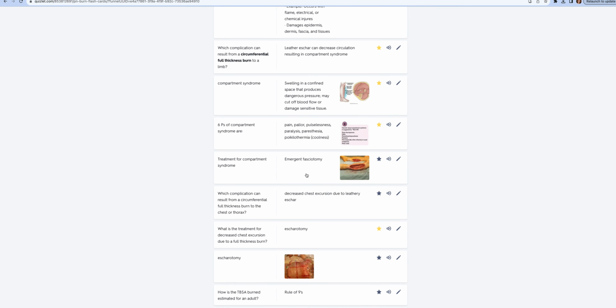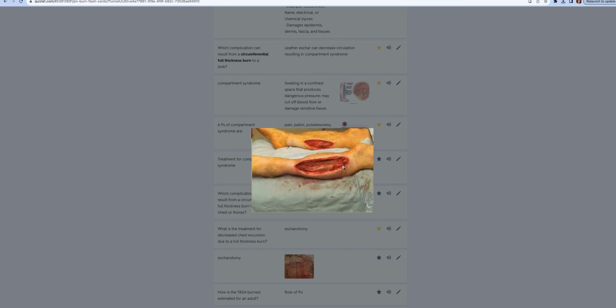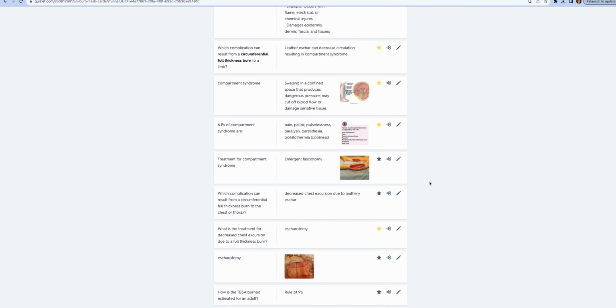Now, the treatment if somebody does have a circumferential injury is a fasciotomy. The surgeon needs to be called and they're going to have to come in and do this right away. And if somebody has a circumferential burn on their chest or thorax, you're worried about decreased chest excursion due to the leathery eschar.